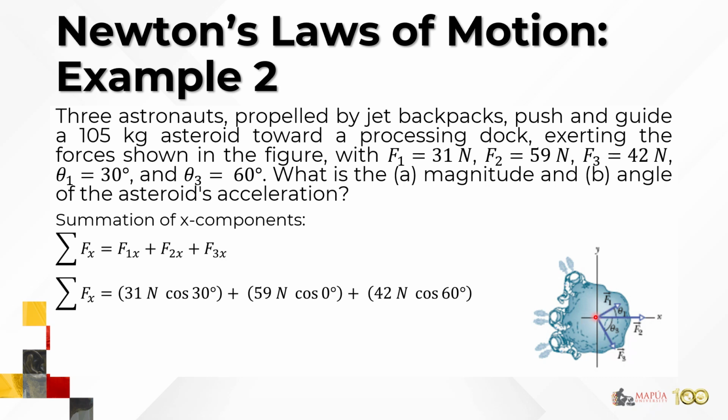And you also notice here that since f sub 2 is perfectly horizontal, whatever is the value of the vector itself, 59 newtons, that's also its x component. And lastly, the third vector, 42 newtons times cosine 60 degrees. Again, theta sub 3 has an adjacent side, which is the horizontal component or the x component. And then to solve, you should get an answer of 106.8468 newtons.